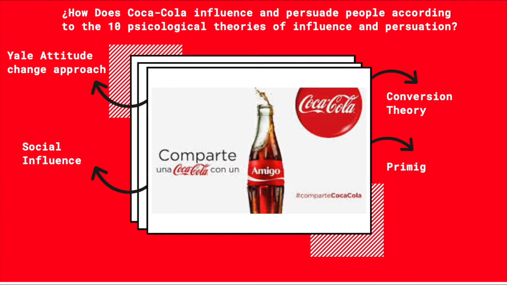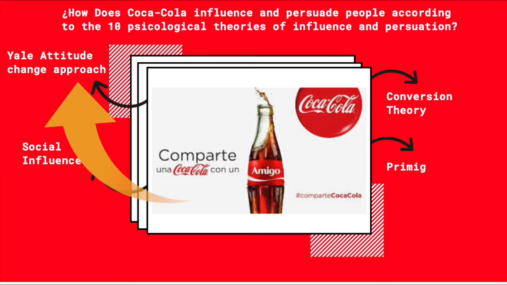In the second infographic, by an example, I try to explain how a real brand uses those 10 theories of persuasion on people. So, I use a promotion done by Coca-Cola in which I define how Coca-Cola influences and persuades people according to the 10 psychological theories of influence and persuasion.